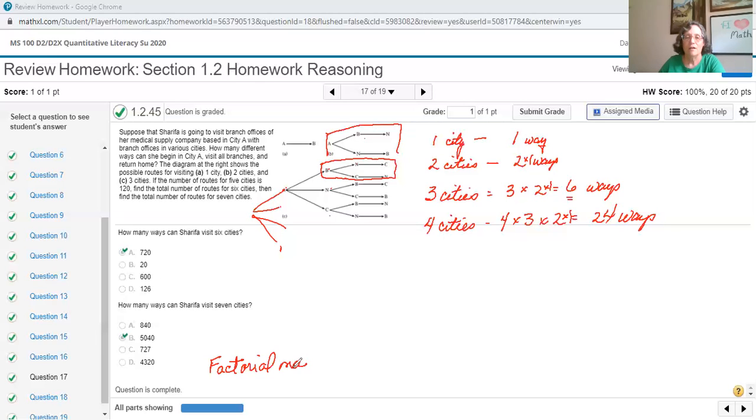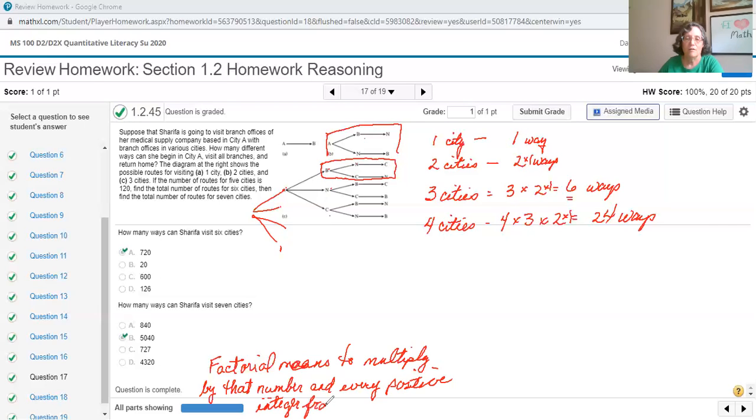Factorial means to multiply that number by every positive integer from there down to 1.